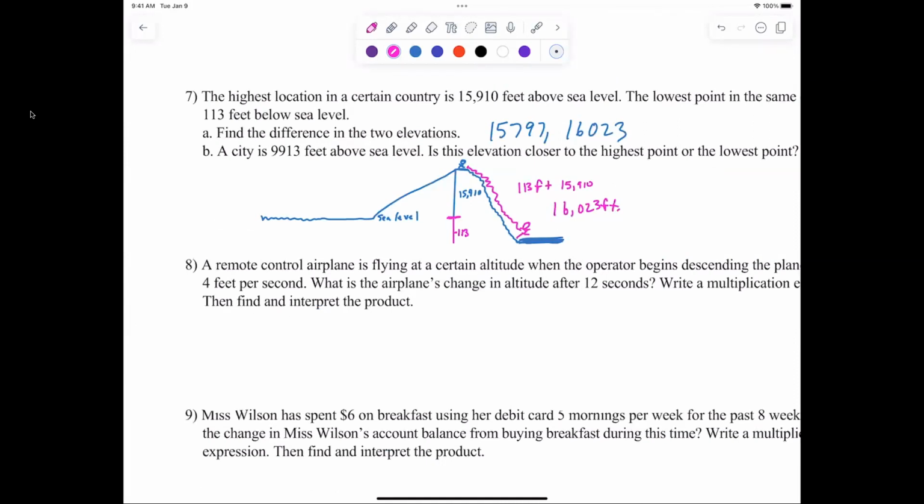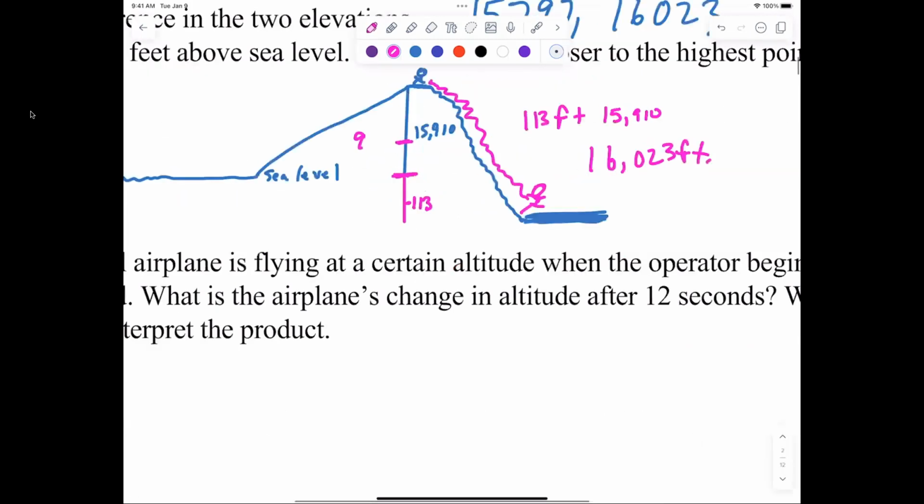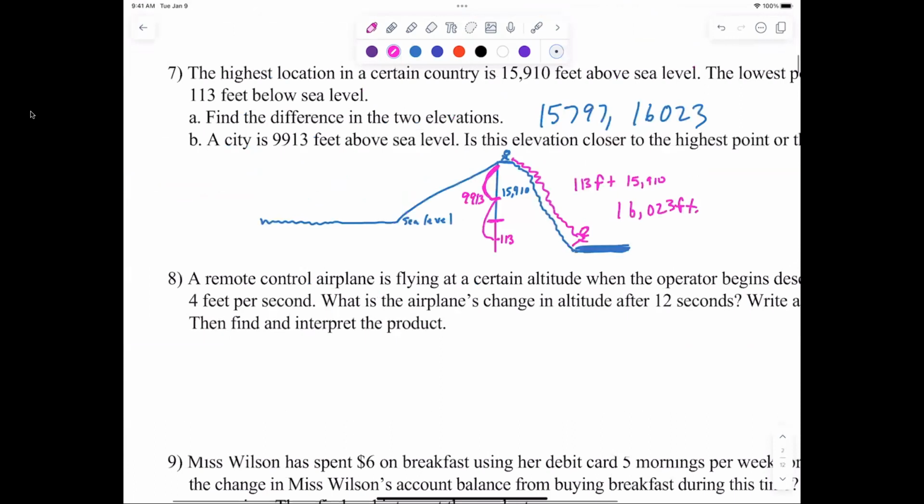Is everybody okay with that? Because if you're at 9,000 something, that's about 6,000 away from the lowest, way more than 6,000 to get to here. So highest is correct for B.